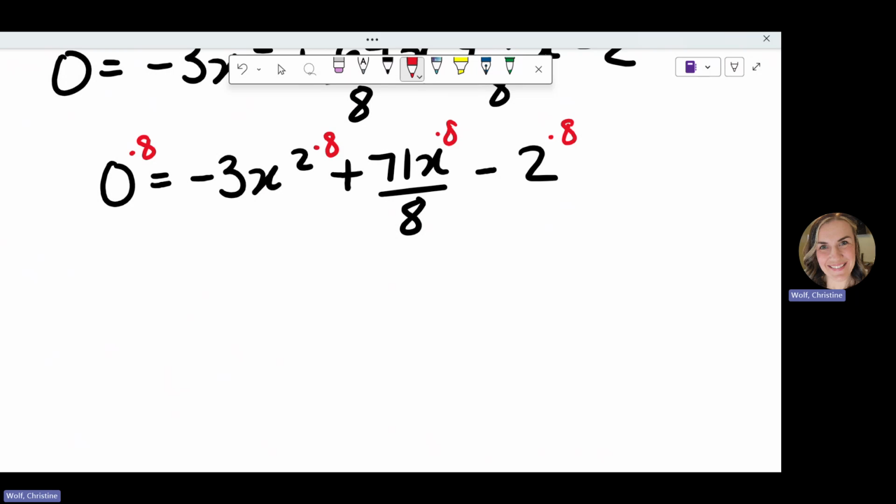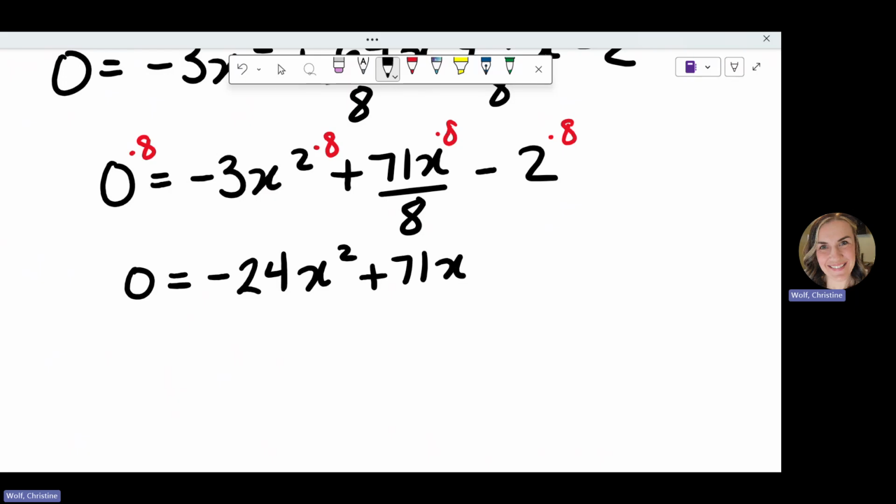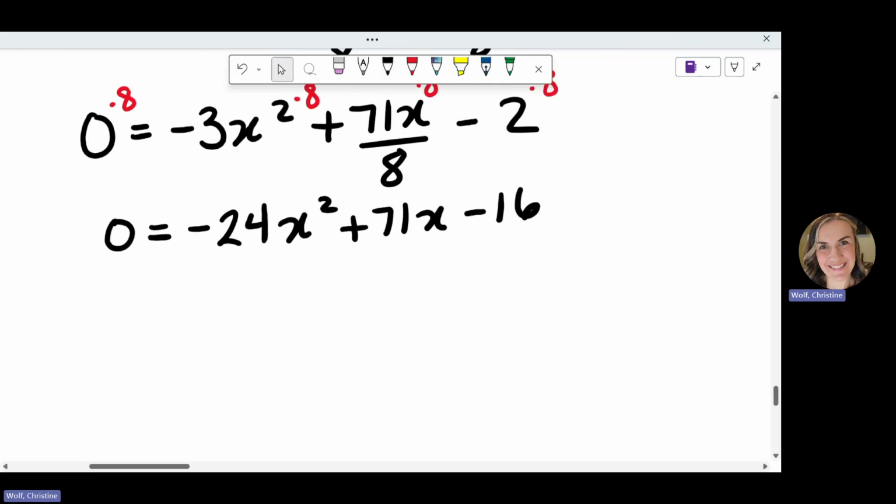So I'm allowed to do that. That's not a problem. And what happens is my left side remains 0, so that's nice. The 3 becomes a negative 24. The 71 over 8 just becomes a 71 because the 8's cancel, and then that becomes a negative 16. Okay, so that's what we have.